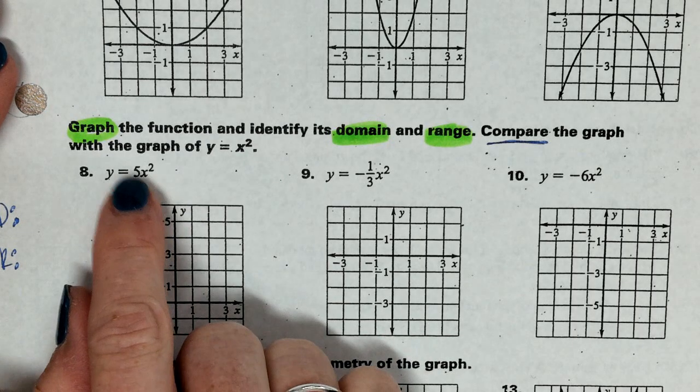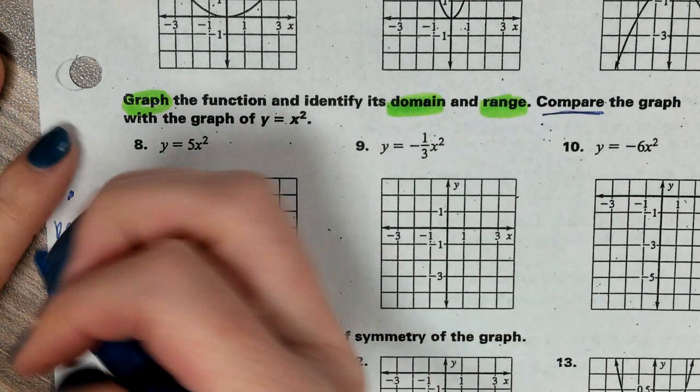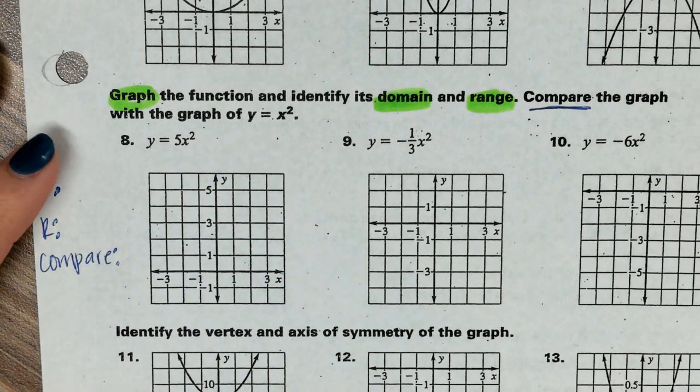You already know if it multiplies by a number greater than 1, it's a vertical stretch. If it multiplies by a number less than 1, between 0 and 1, it's a horizontal stretch. If it multiplies by a negative, it's a reflection. If it adds or subtracts, it's a translation. Yes? So make sure you also do your comparison. There can be more than one answer.